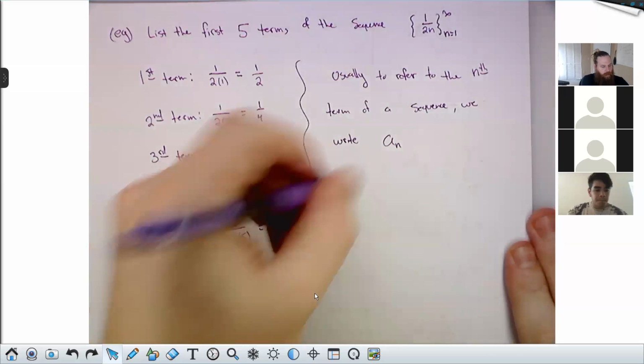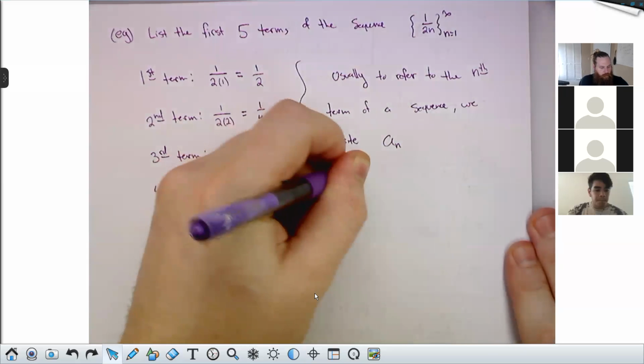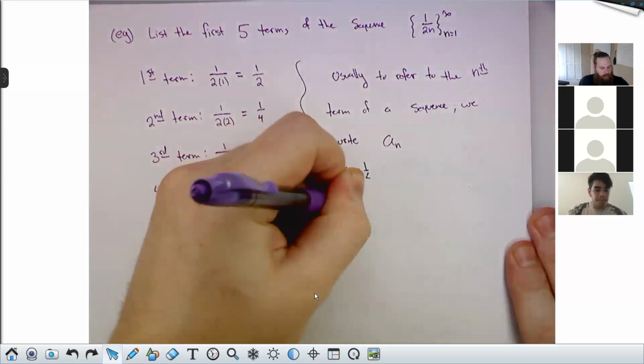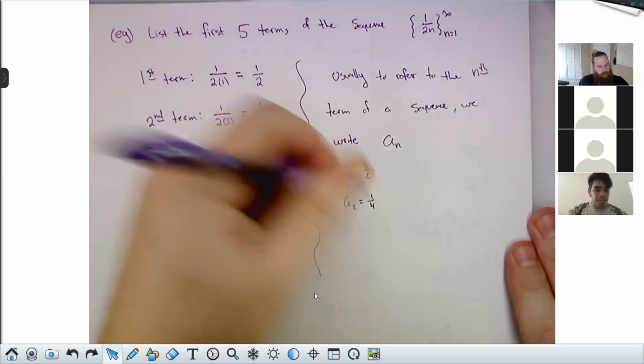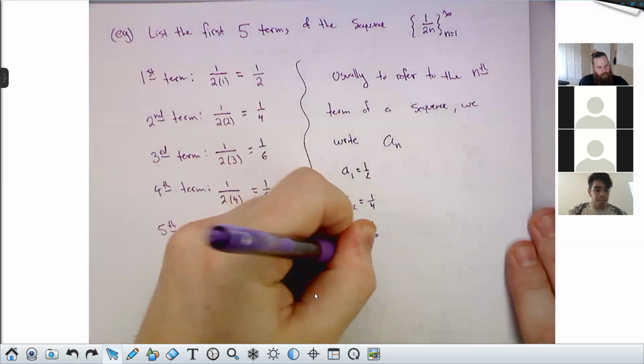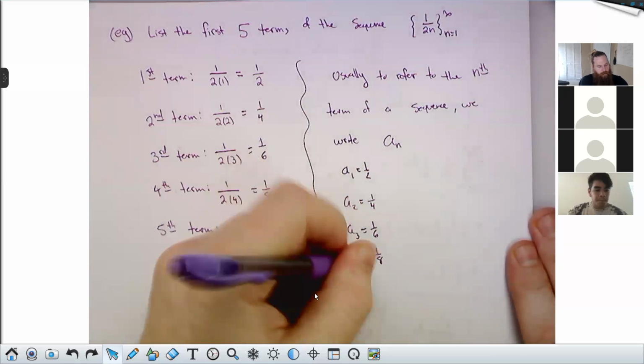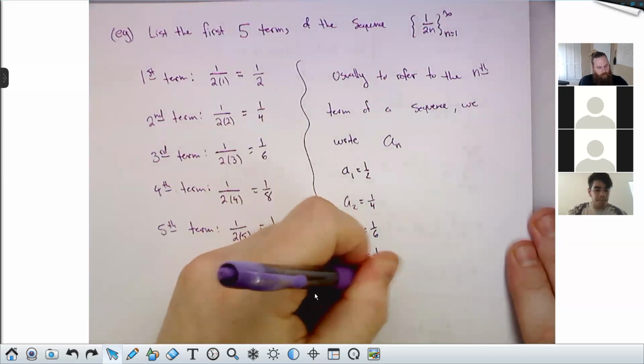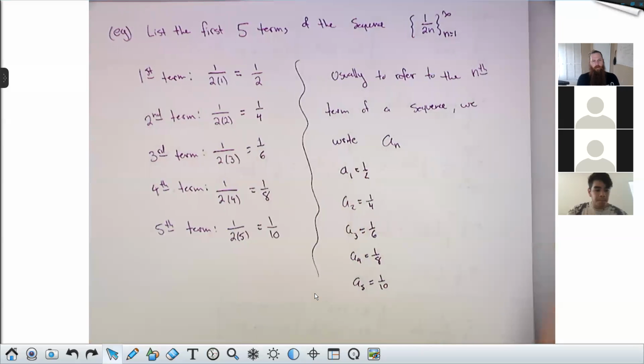So here I would say a1 was 1/2, a2 was 1/4, a3 was 1/6, a4 was 1/8, and a5 was 1/10. It's just a much more compact notation.